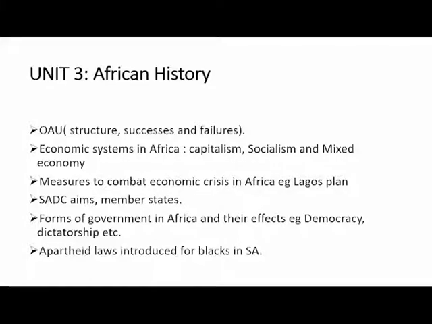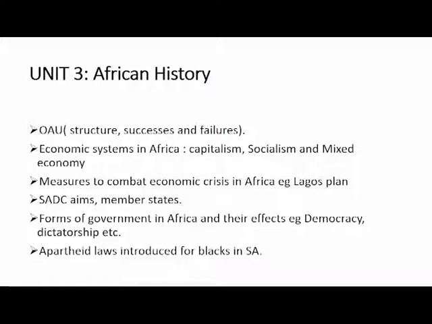In Unit 3, this is where you find all matters pertaining to African history. So in African history, you should know or study about the OAU, the Organization of African Unity.